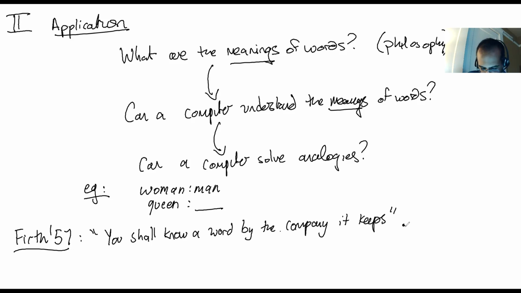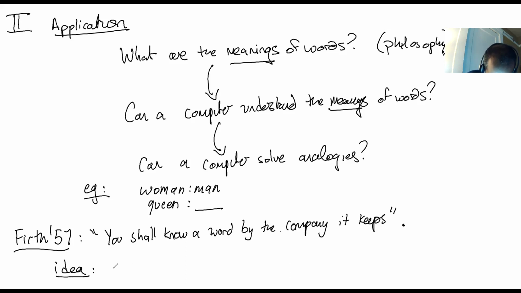Okay, so this is just him saying that the meanings of words are defined by their relationships with other words. So this is not a really new idea in linguistics. But this actually led to the key idea of this paper.